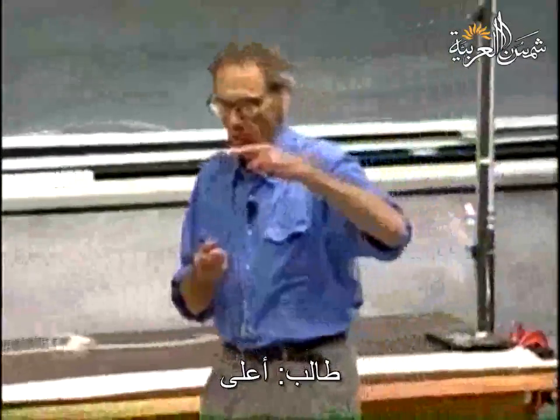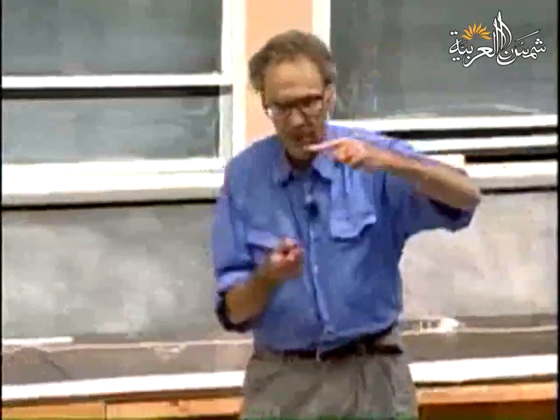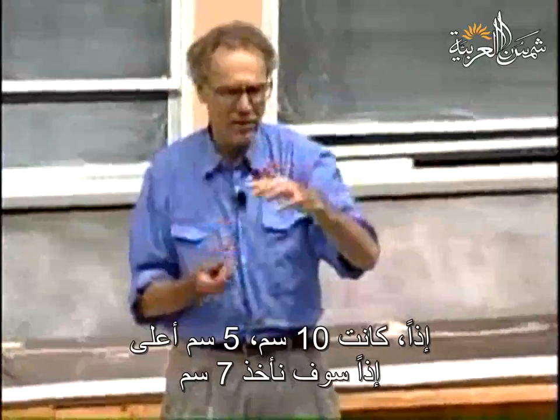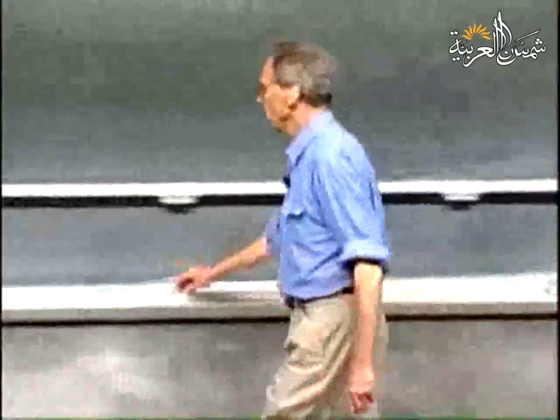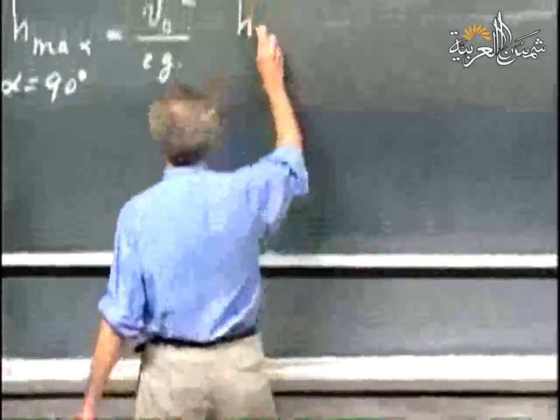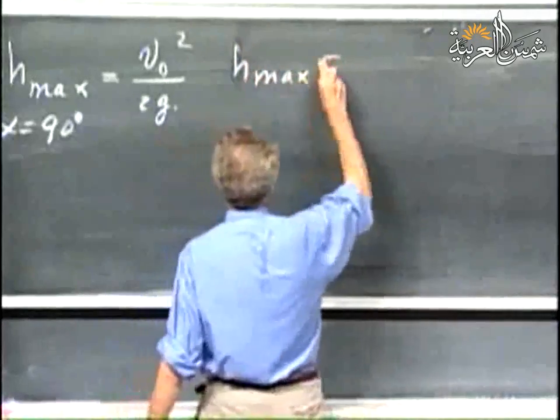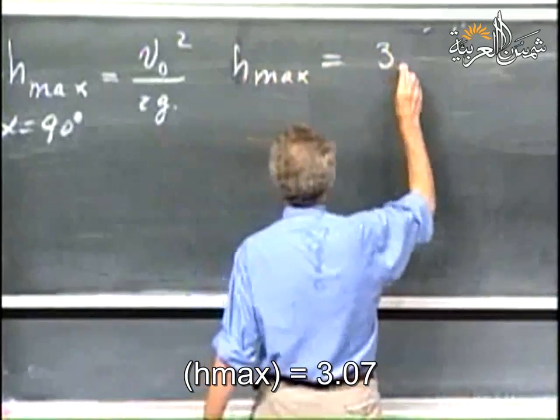Lower. Higher. So it was 10 centimeters, 5 centimeters higher, so we'll take 7. So we will make 7 and we'll have to allow for an uncertainty. So H max is about 3.07.